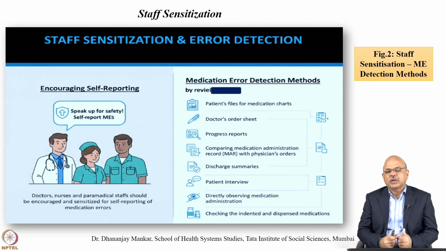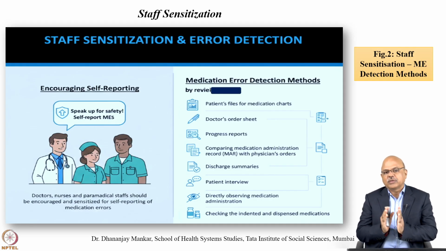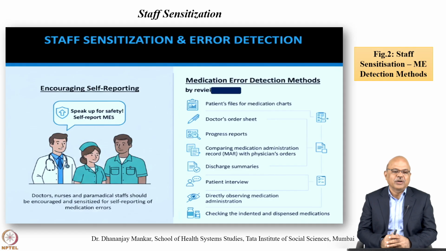Staff sensitization needs to be emphasized here, and it is very much linked with error detection. In this figure of staff sensitization and medication error detection methods, you may find on the right hand side encouraging staff reporting, which is by speaking up for safety.